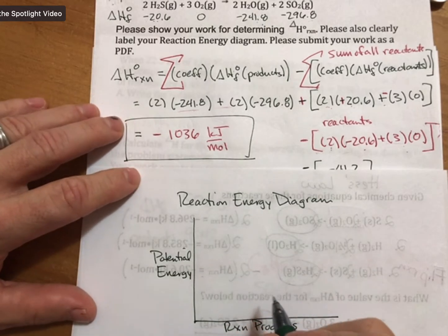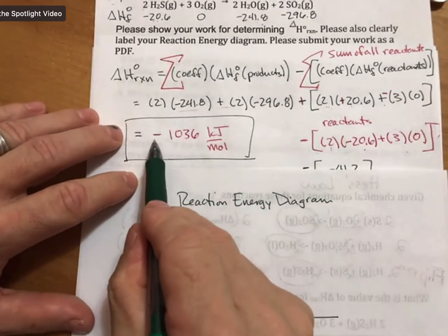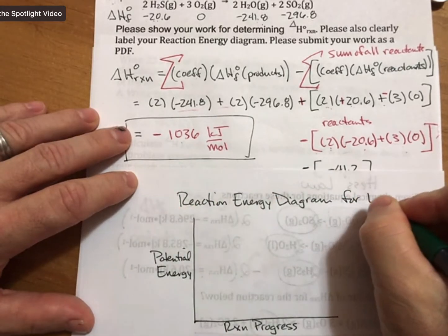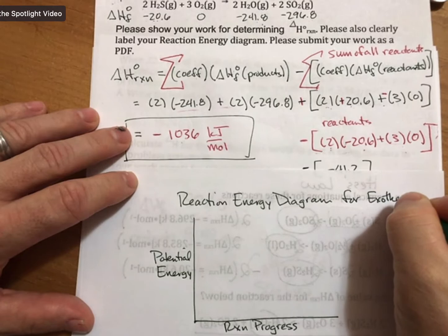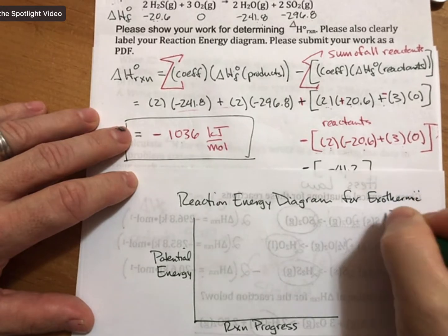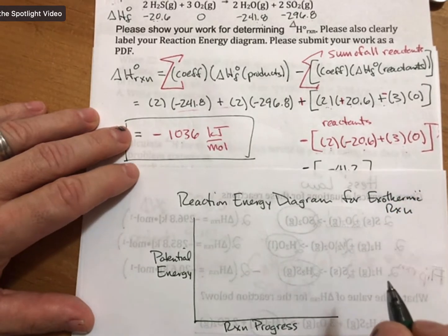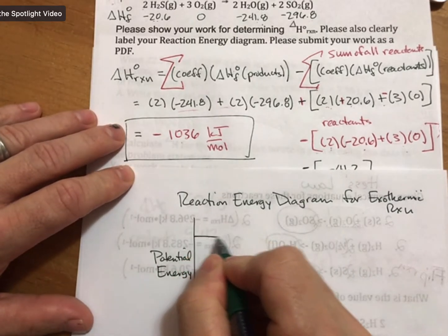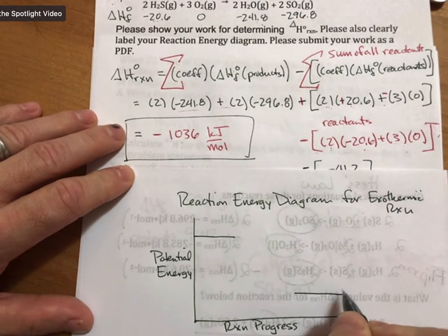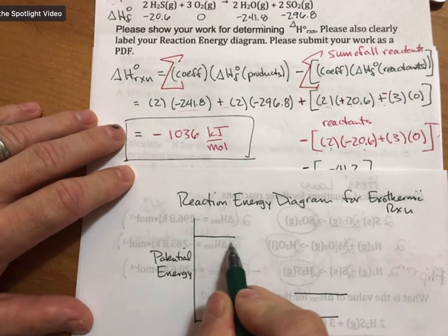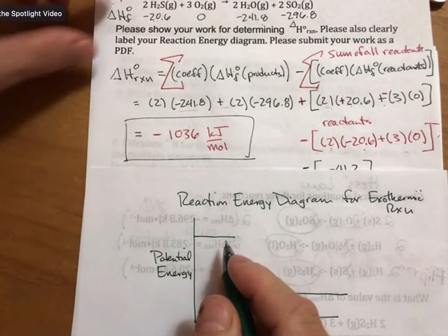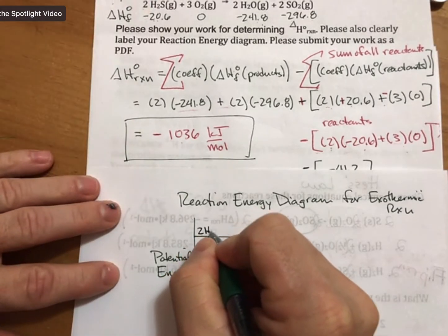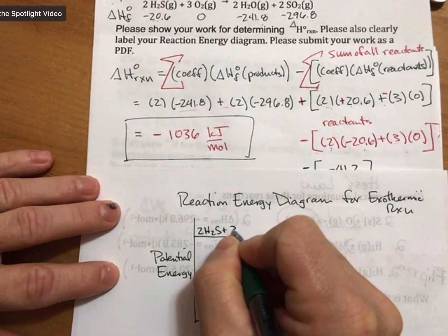Now this is an exothermic reaction, and for an exothermic reaction, you're going to have the reactants up here. My reactants are 2H2S plus 3O2.